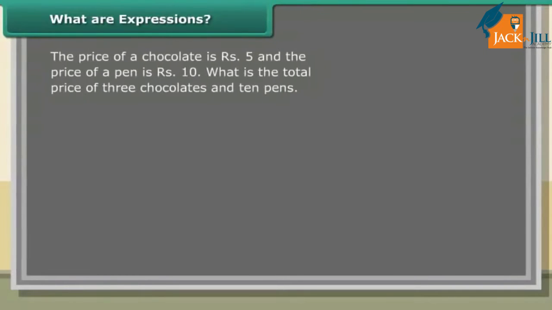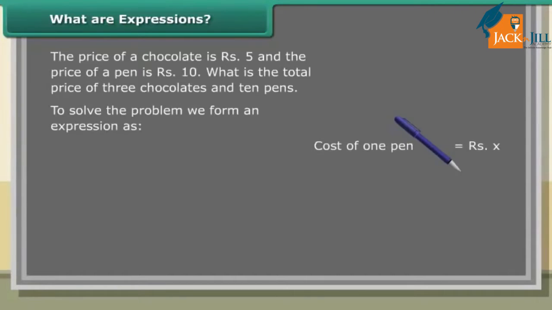The price of a chocolate is ₹5, and the price of a pen is ₹10. What is the total price of 3 chocolates and 10 pens? To solve the problem, we form an expression as cost of 1 pen is equal to ₹X. Cost of 1 chocolate is equal to ₹Y. Cost of 3 chocolates is equal to ₹3Y.